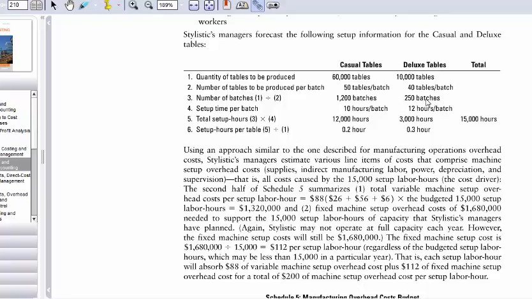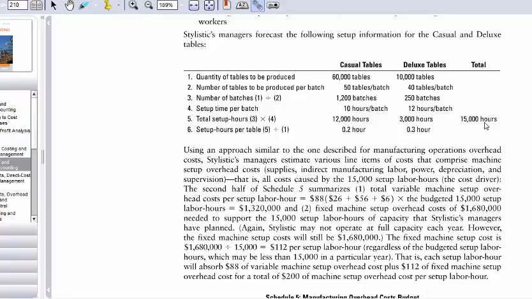But those batches are going to take 12 hours to set up. 250 batches at 12 hours a batch equals 3,000 hours. Notice that this equals the 15,000 hours we spoke about a moment ago. This is the total estimated setup hours for the period.